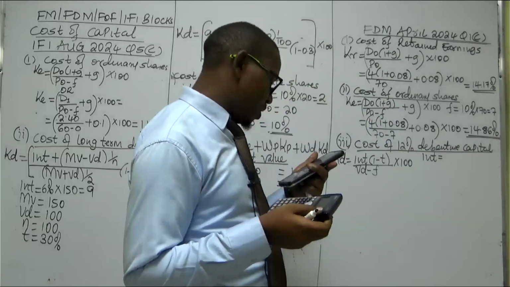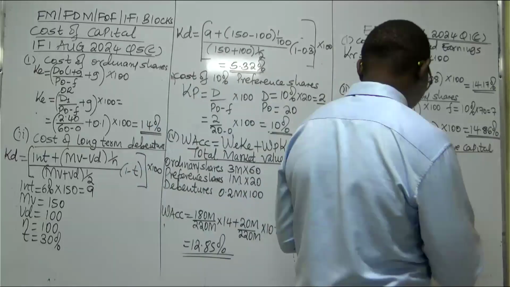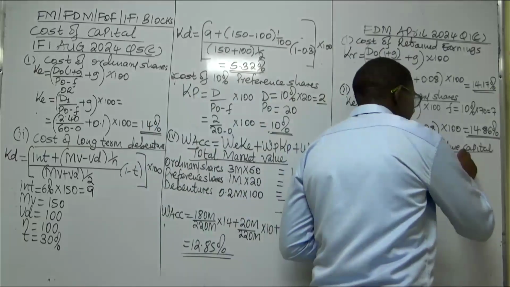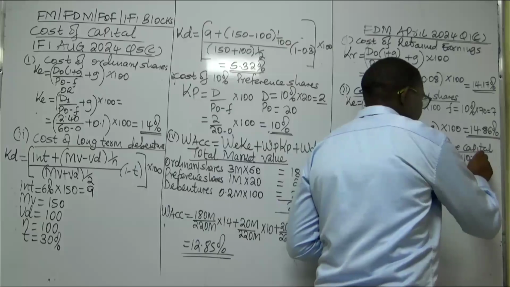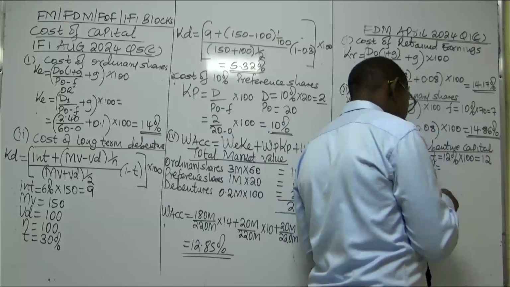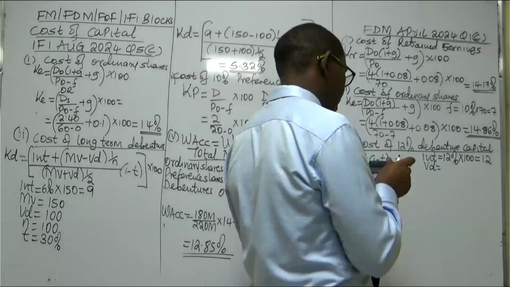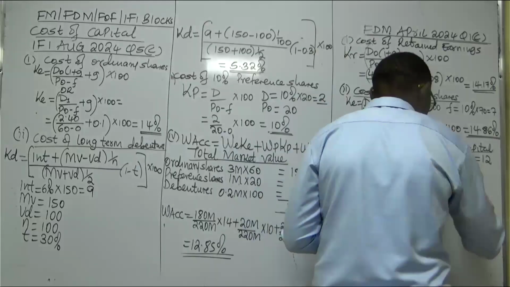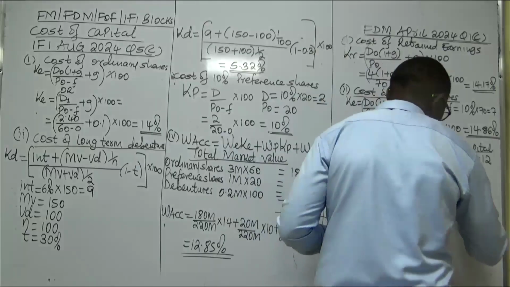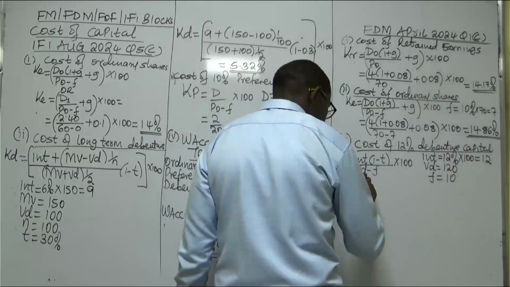Interest per debenture, you just go to the capital structure, which is a total percent of the value. Value of debenture, we have it on additional information number 2. Currently trading at 120, flotation cost of 10. So this will be given by 12.